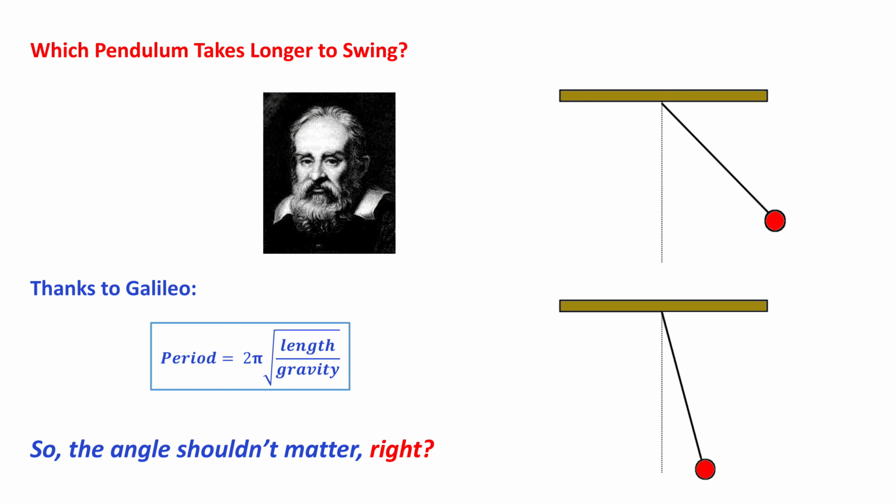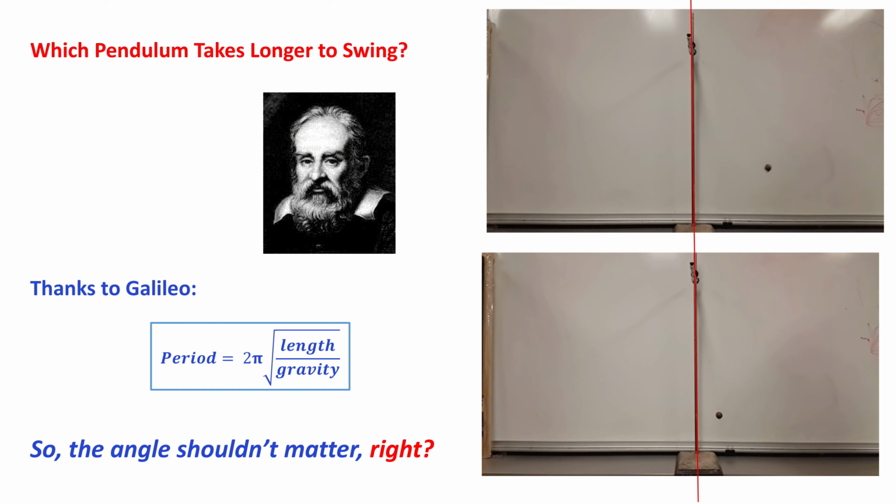So I said, okay, why don't I try to recreate this and replay that in slow-mo? And here's what I got. On the top one, again, I have the same thing, and the red line marks the equilibrium point, and bingo, the period is the same.